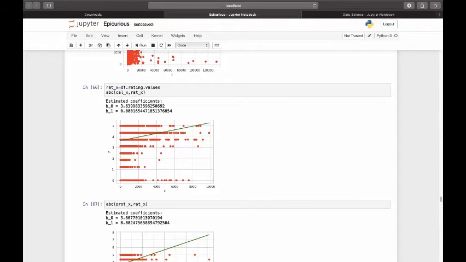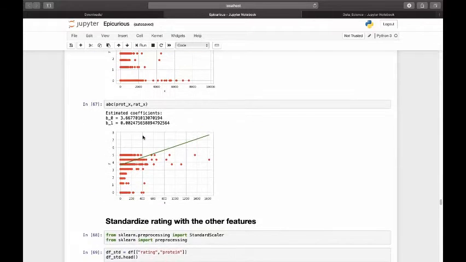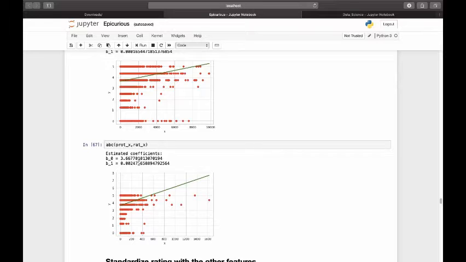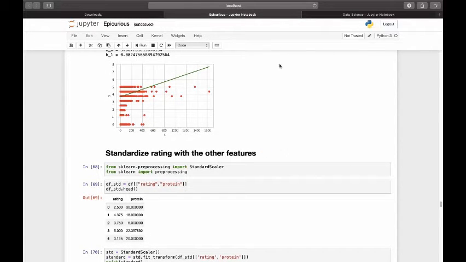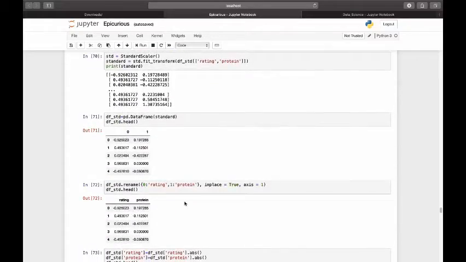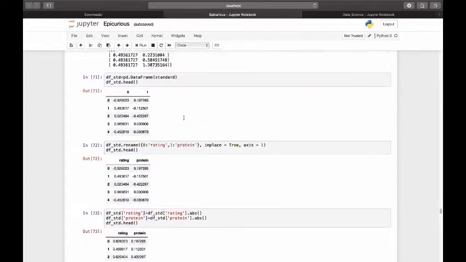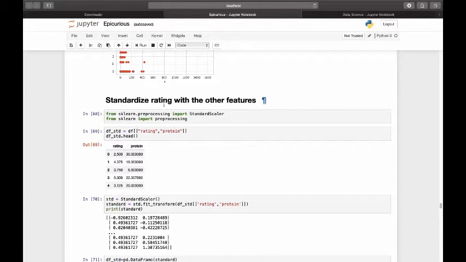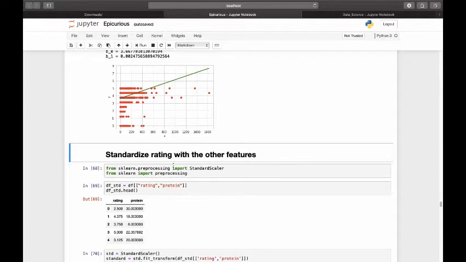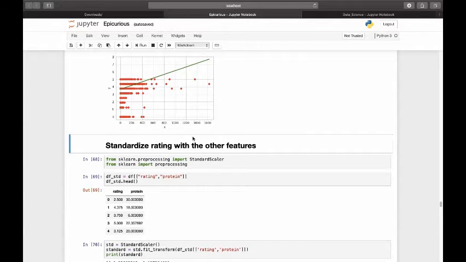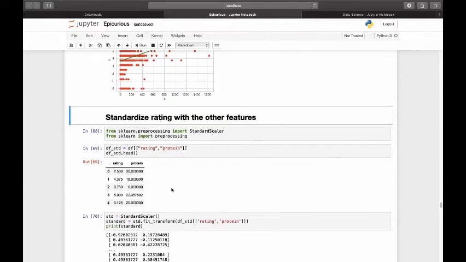And just in case, we tried to see if rating has any correlation with any of them while using the regression line, and as you can see, there's nothing here, neither with calories nor with proteins. One more thing we tried was to standardize rating with the other features so that they're all on the same scale, because the magnitude of rating compared to something like calories and protein might be very different.